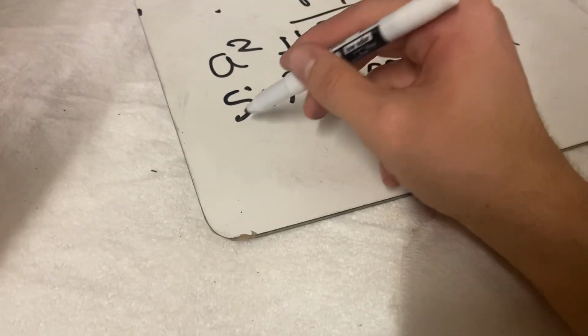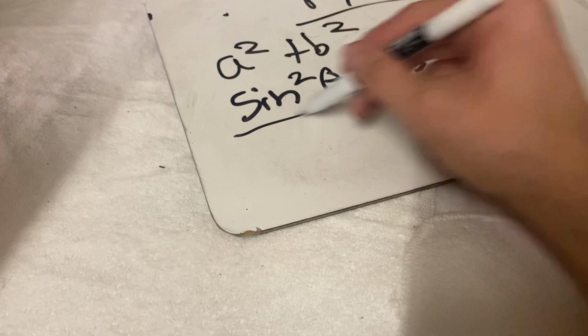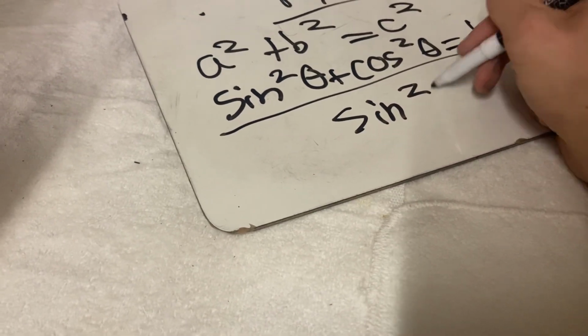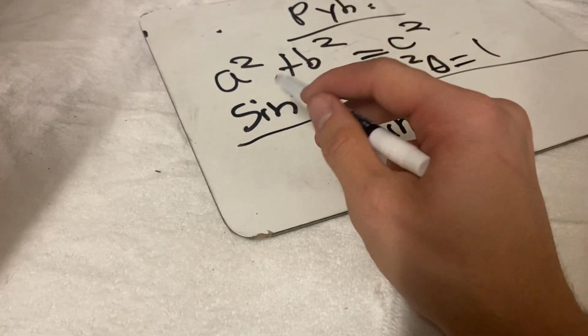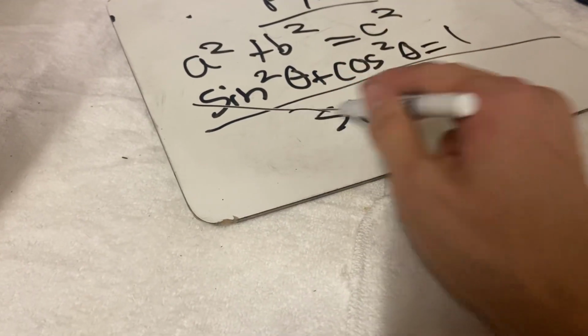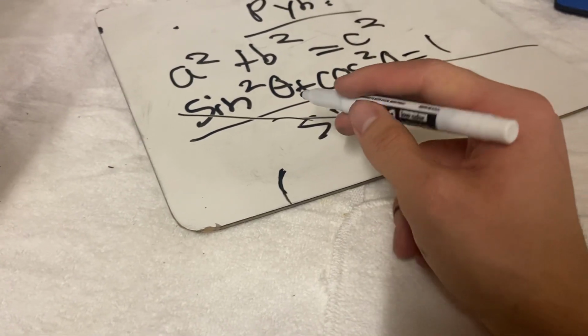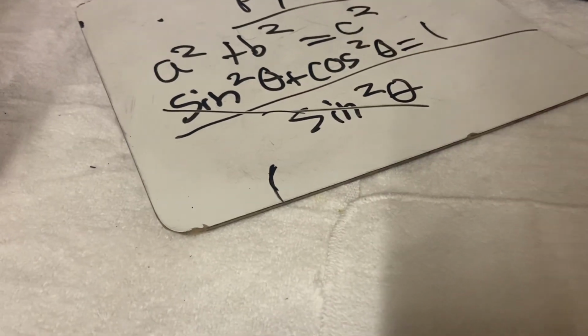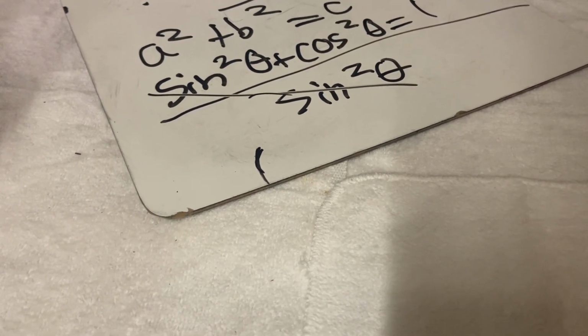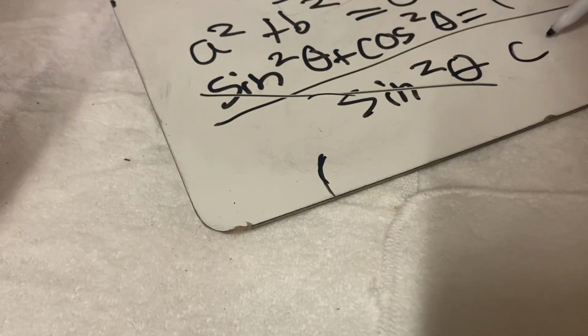Now, what if you divide the whole thing by sine squared of theta? Sine squared theta over itself would just be 1. And then cosine squared over sine squared would just become cotangent.